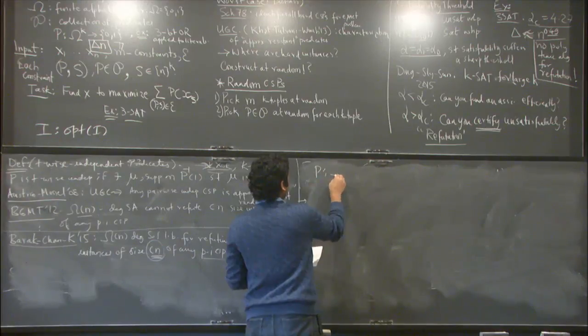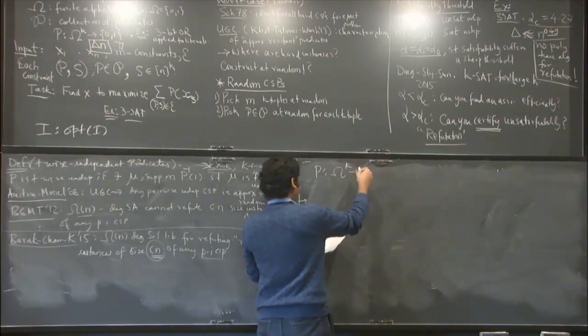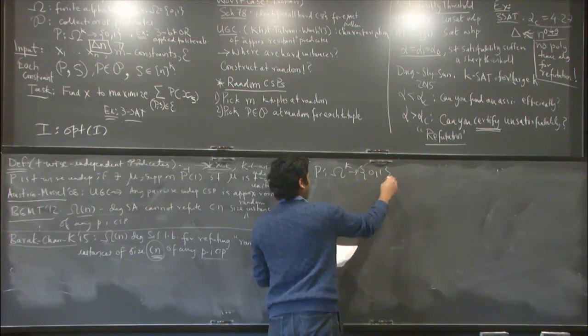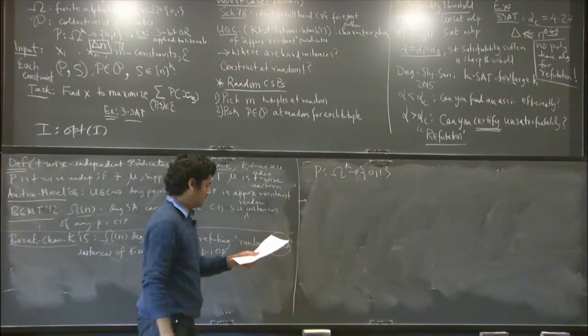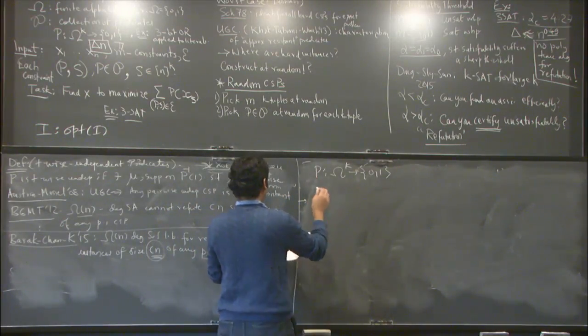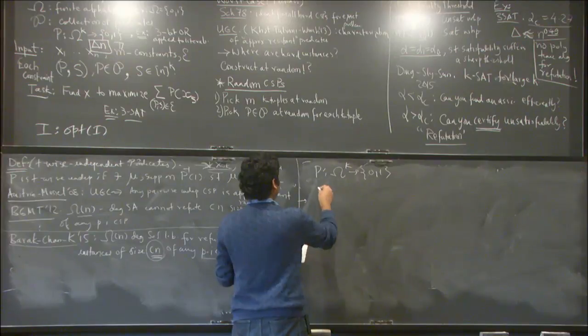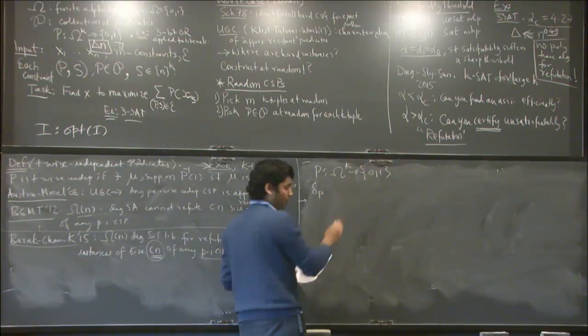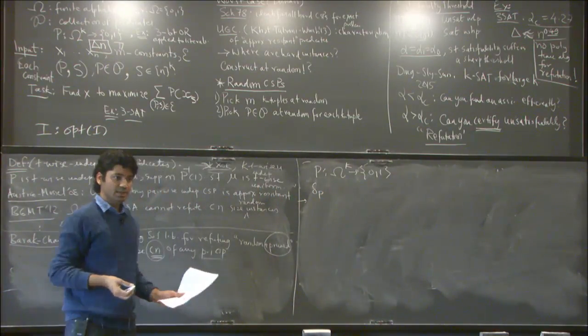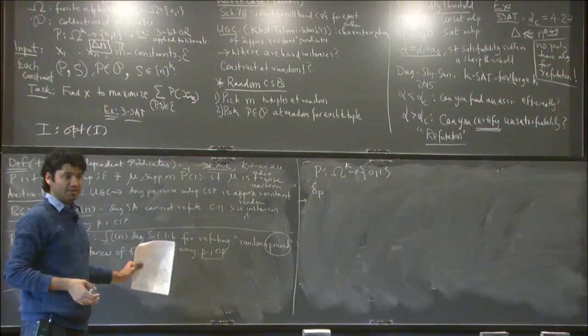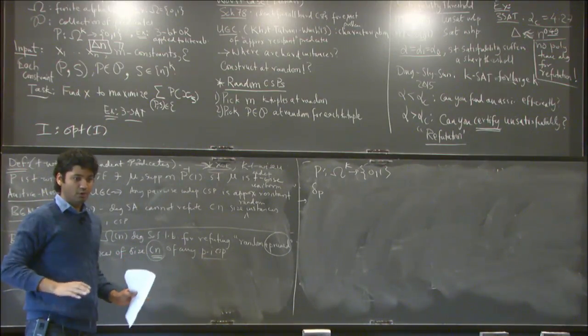Okay, so suppose P is a predicate that maps Ω^k to {0,1}. In fact, it can be a class of predicates, doesn't matter. I want to define distance from t-wise uniformity, and it turns out that this will be the parameter that characterizes the hardness of refutation for all CSPs.